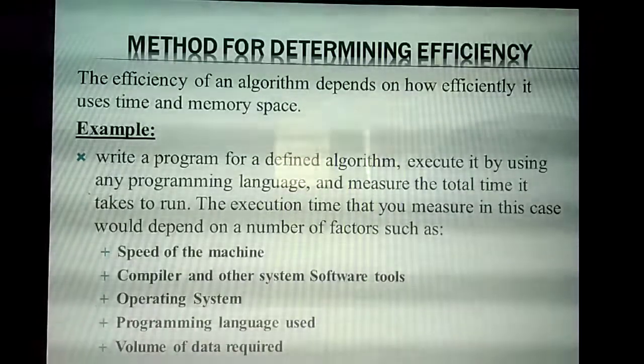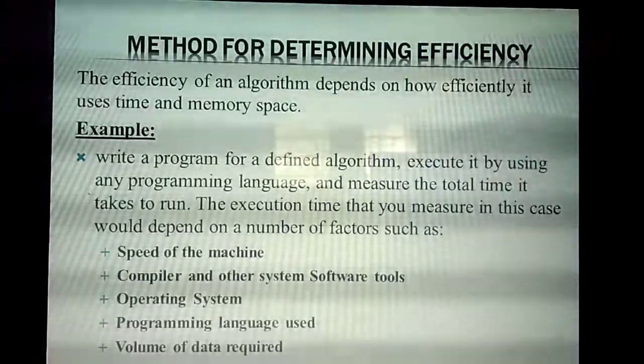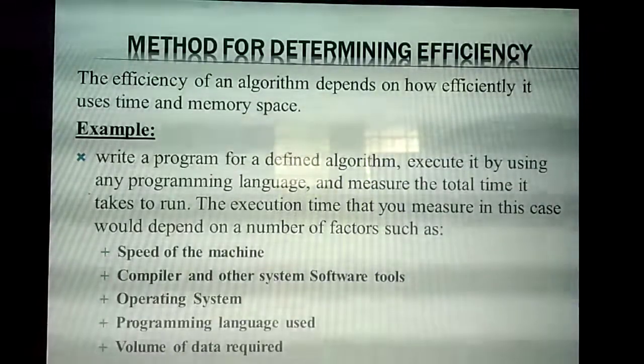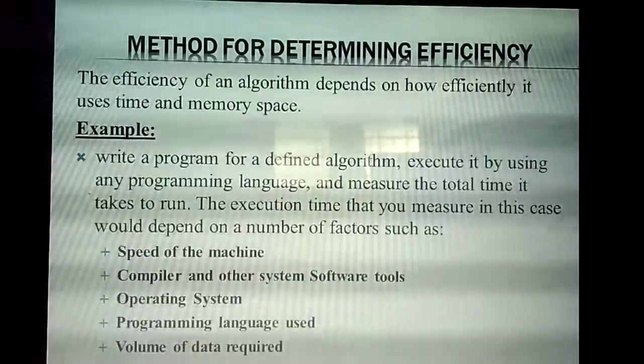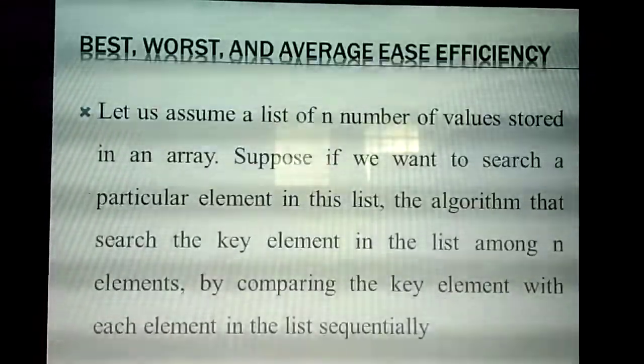What are they? Time and memory space. Efficiency is based on these two factors. Now you type a program and run it, maybe in C, C++, Java or any programming language, and you determine its efficiency.